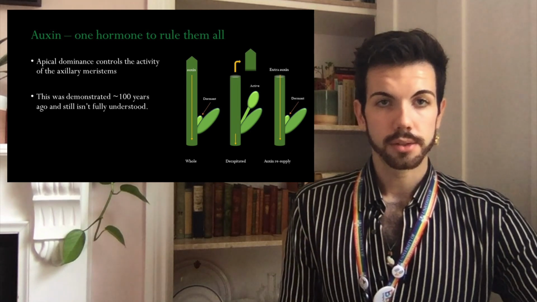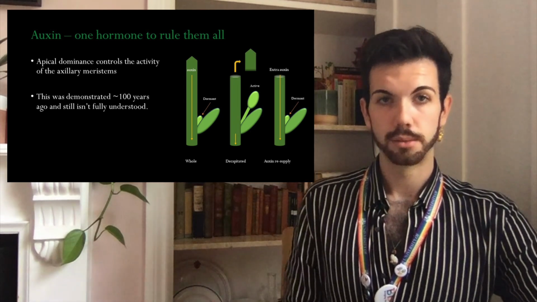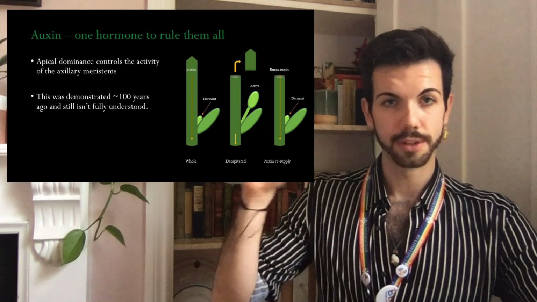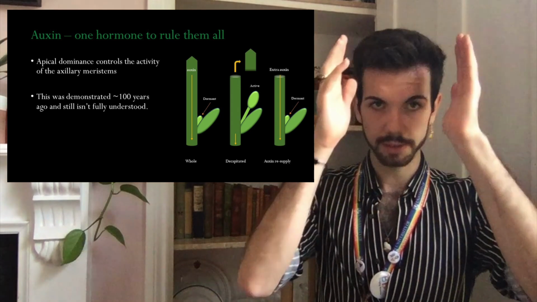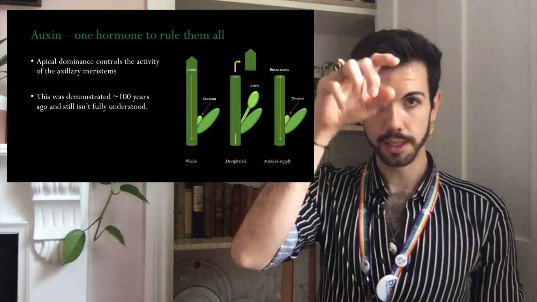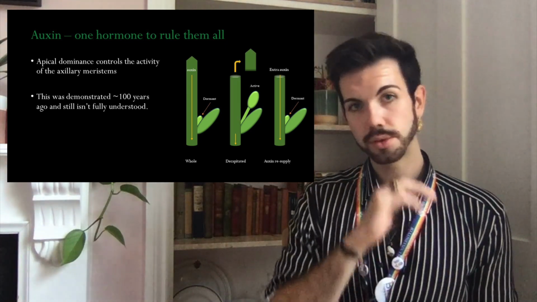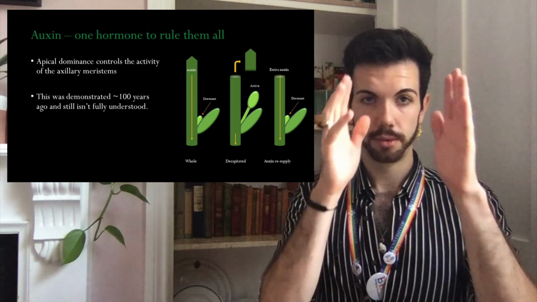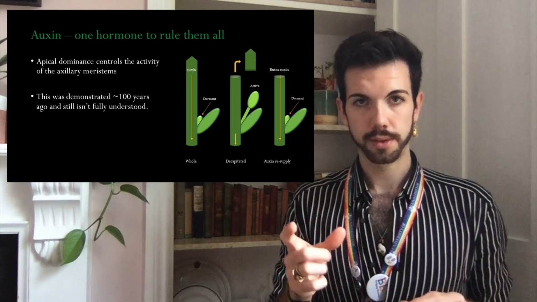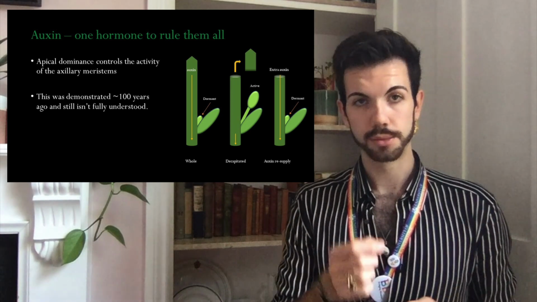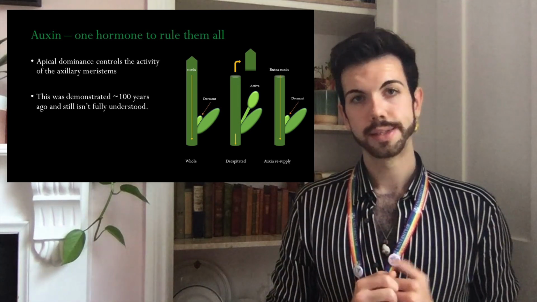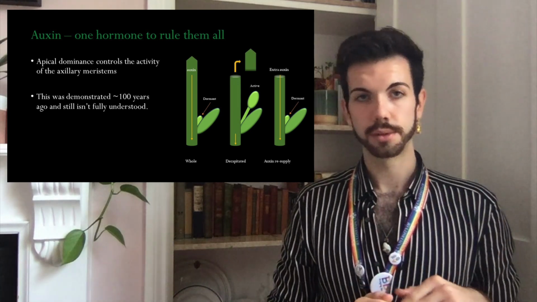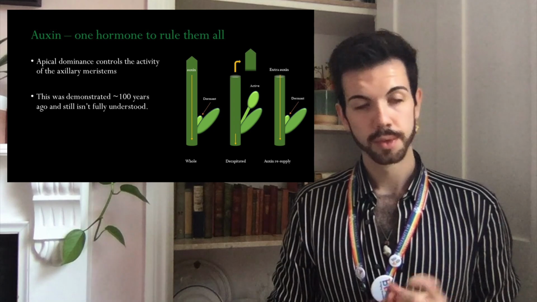He noticed that if you took the top off a plant, so you took off the growing point, most plants, if you have a house plant, the top few leaves are where most of the growth is occurring. If you take that off, all the way down the stem, those dormant axillary meristems start to activate and grow out. And they do so from the top down, in what we call a basipetal order.